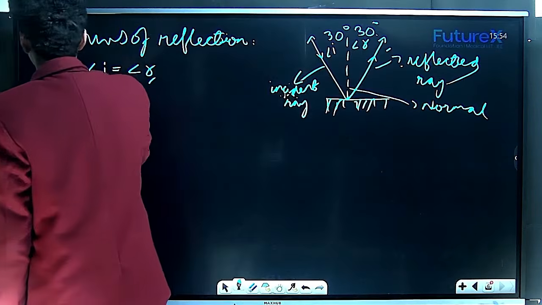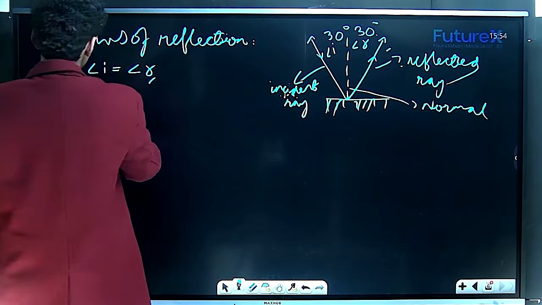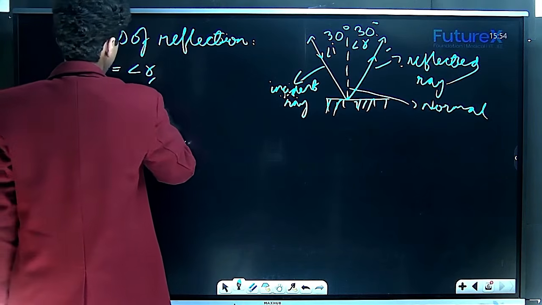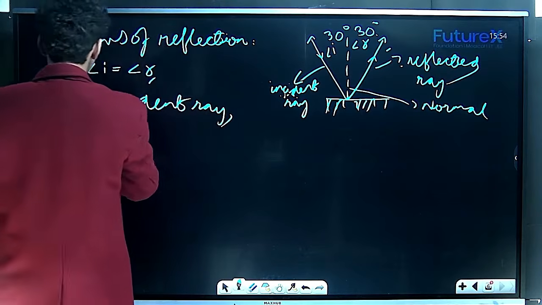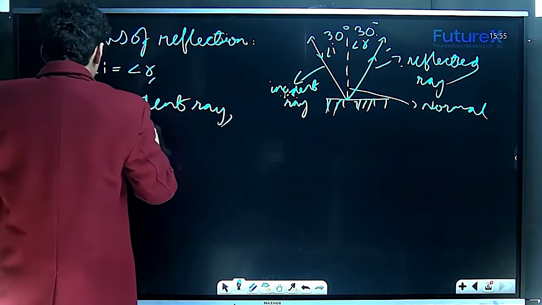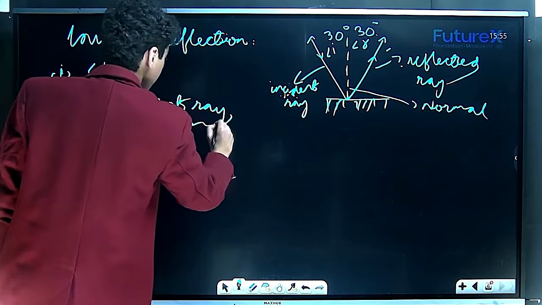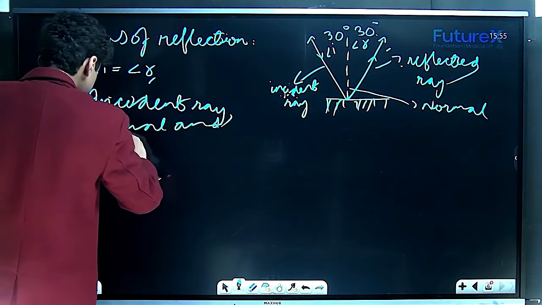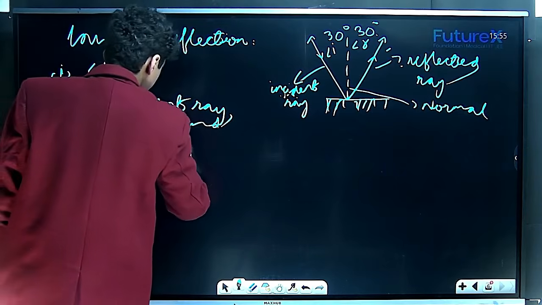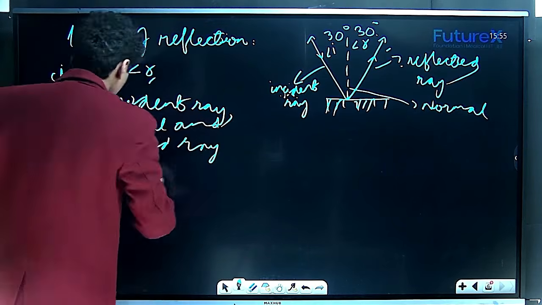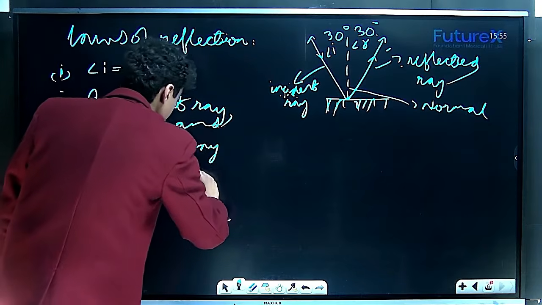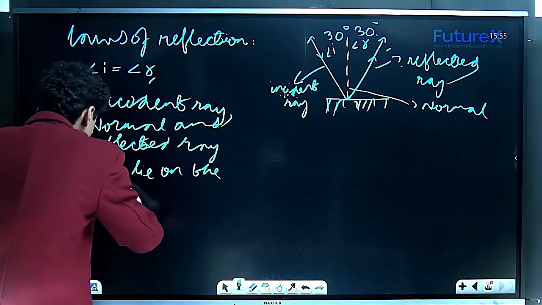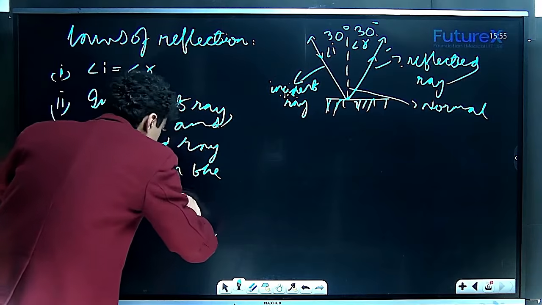The second law: the incident ray, the normal and the reflected ray all lie on the same surface.